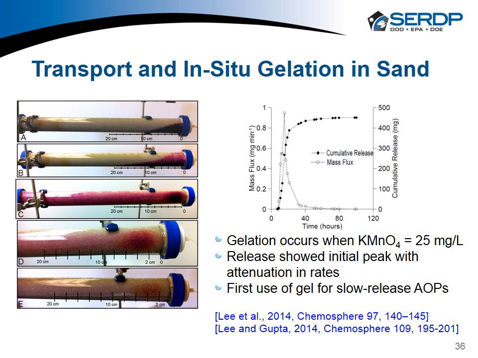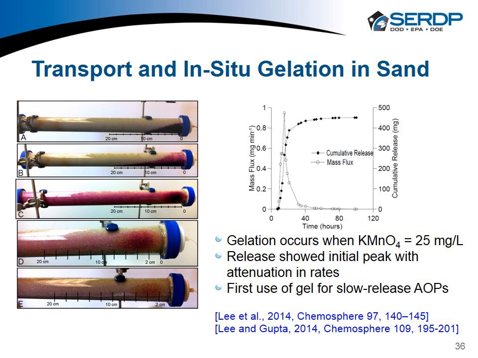So we found that we can control the gelation times by changing permanganate concentrations. We observed the formation of gel in saturated porous media with flow, and the release of the permanganate was slow.